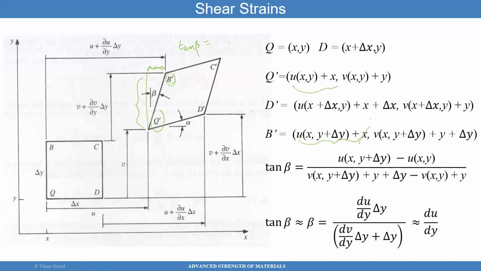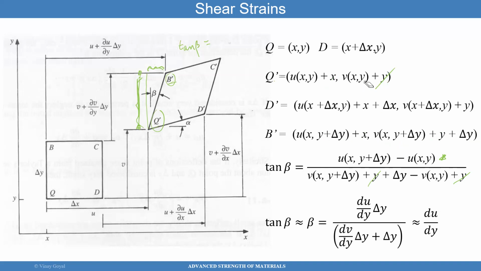And you can see here that x cancels out in the numerator. For tangent beta, in the denominator, I have to get this height here, which is a y height between the B and Q prime coordinates. So I have to subtract this minus this. That cancels y for me. You can see that y cancels.